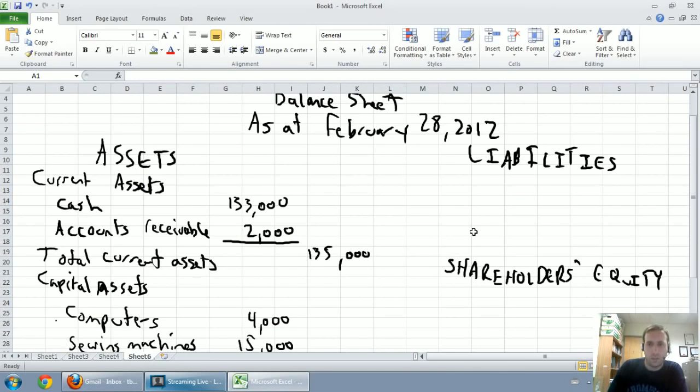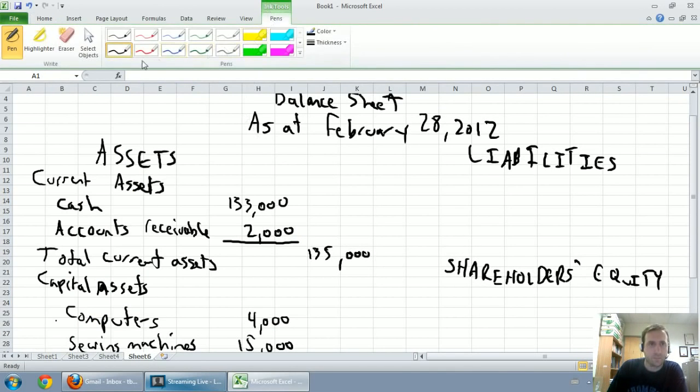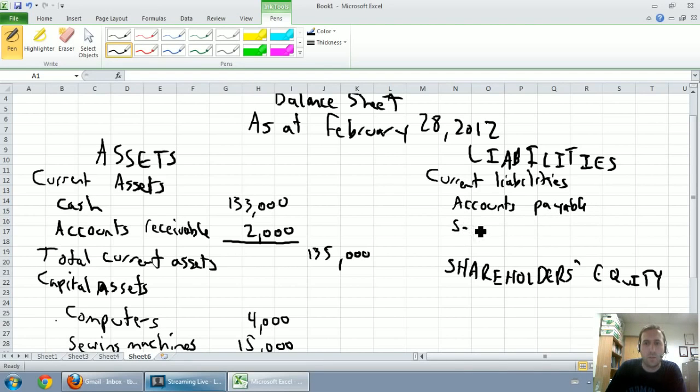So let's go under our liabilities, and we'll have our current liabilities. Now I better be careful how I write because I want to fit it all in here. And we have accounts payable, and we have, I'm going to abbreviate.